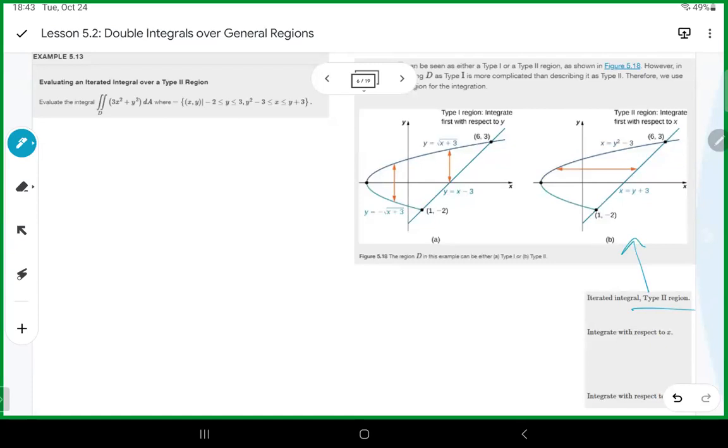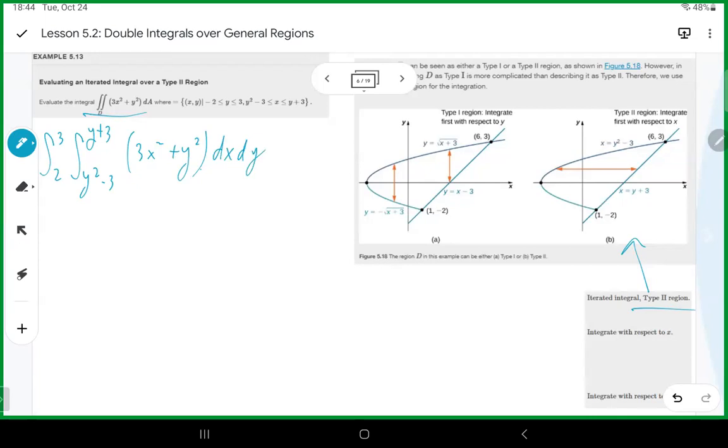If you want to rewrite, and you can, then we're gonna go 2 to 3 for the y, and then x is y squared minus 3 to y plus 3. And then 3x squared plus y squared dx dy.